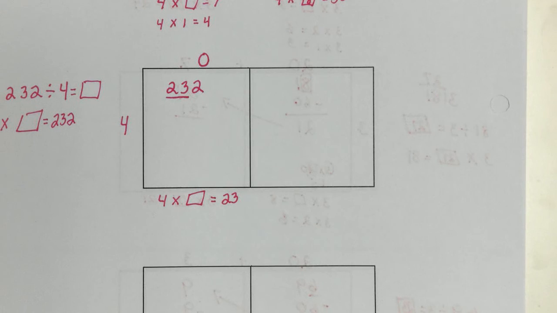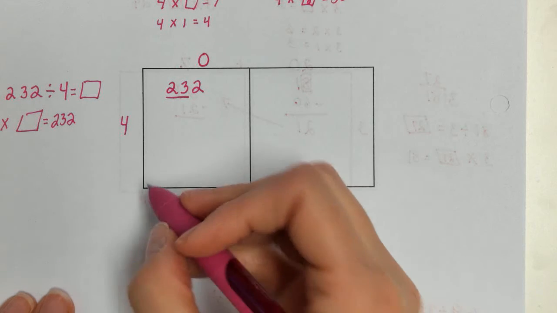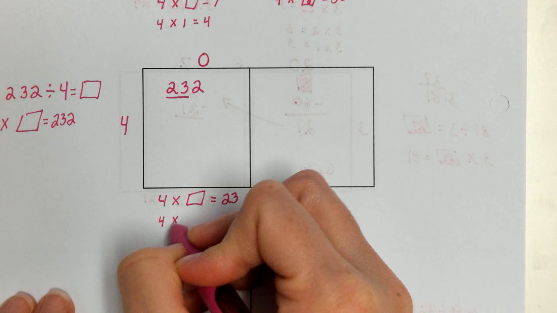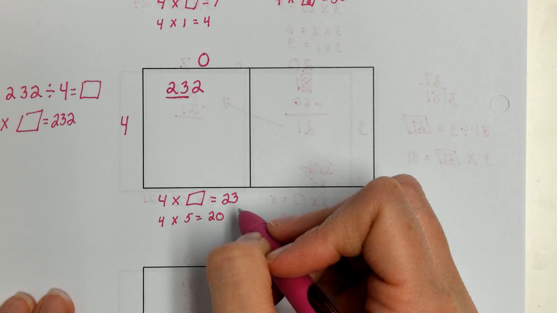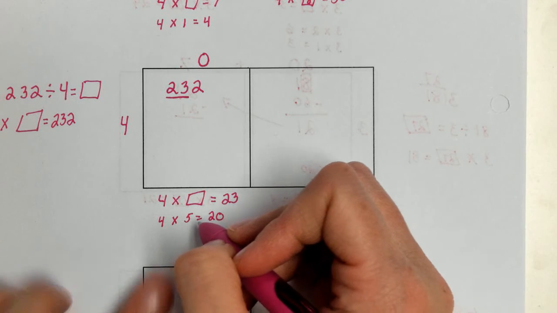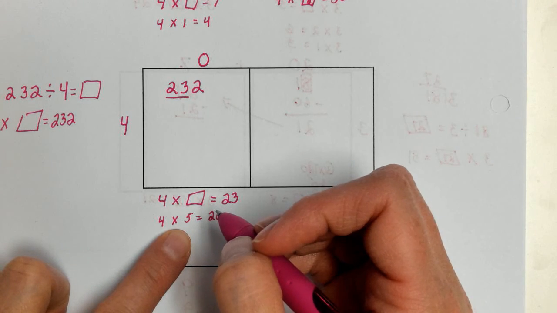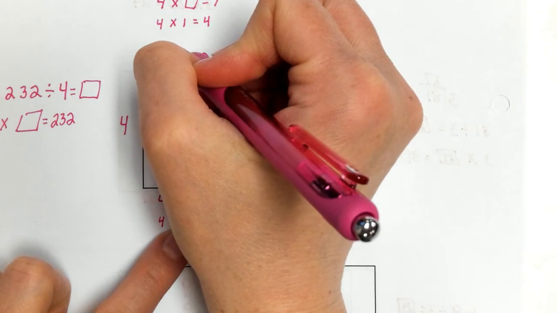Well, is 4 times anything equal to 23? No. So what gets me close without going over? If I think 4 times 5 equals 20, where will that 5 go? Up to the top.